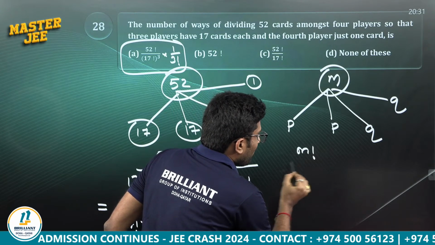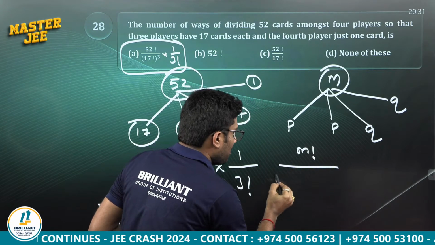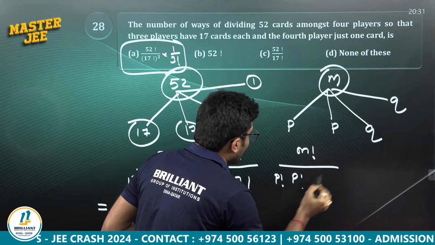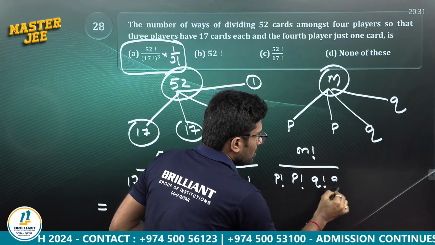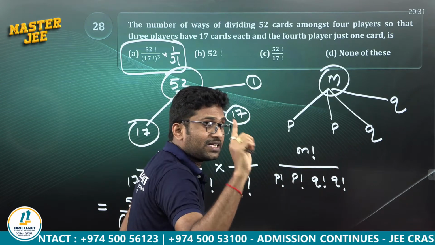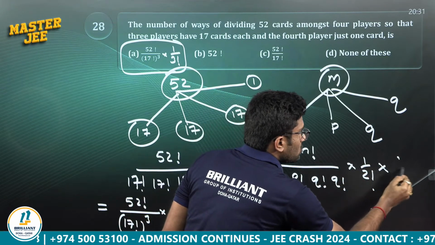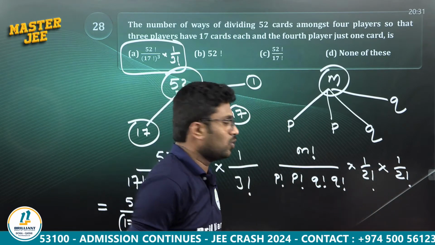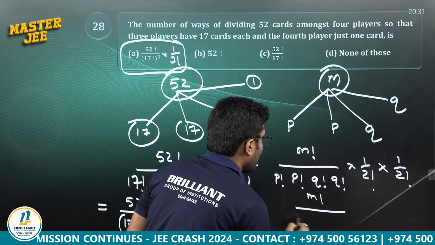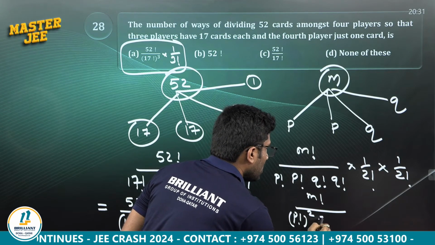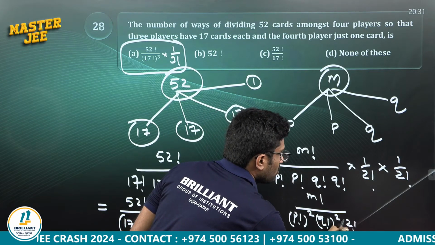Same as before: m factorial divided by p factorial into all the factorials, that is common, boss. Now p is repeated twice, so into 1 by 2 factorial, and q is also repeated twice, so into 1 by 2 factorial. This is how we do it. So finally we get m factorial divided by p factorial whole square, q factorial whole square, 2 factorial whole square.